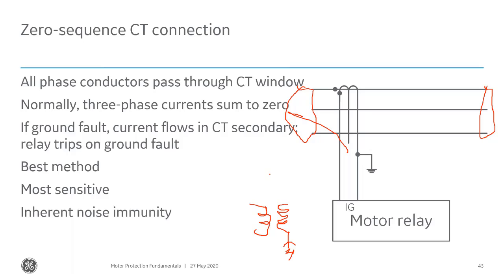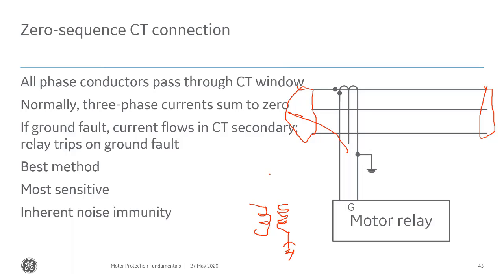That's solidly grounded. My available ground fault current, depending on the impedance, the voltage level, all these different things, might be 10,000 amps. It could be a lot of ground fault current. Most of these zero sequence CTs like we show here are maybe 100 to 5, maybe 50 to 5.